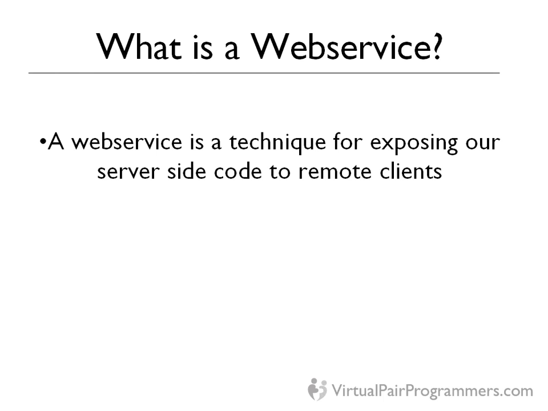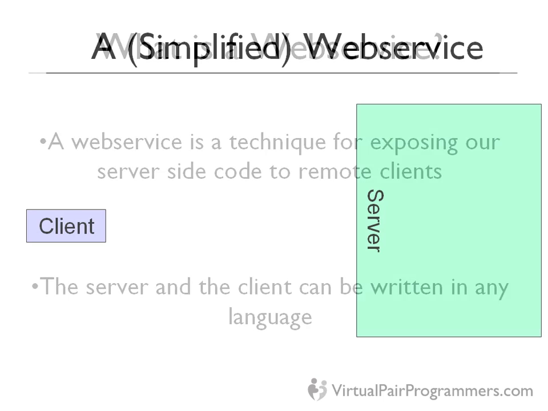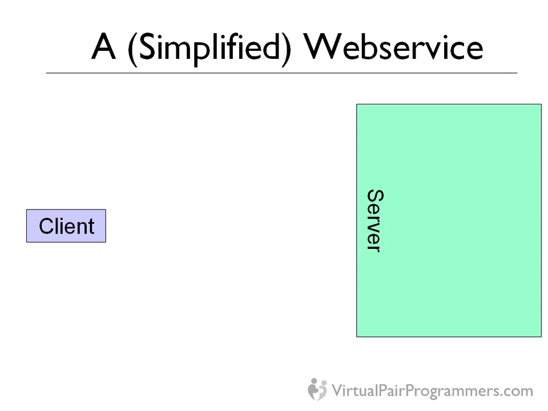And perhaps the main feature of a web service is that the server and the client can be written in any language. We could have implemented the server in Java with the client written in Visual Basic, and the client code wouldn't even be aware what the server code was written in. Let's have a look at a very simplified view of a web service.